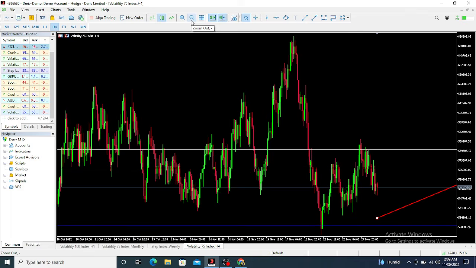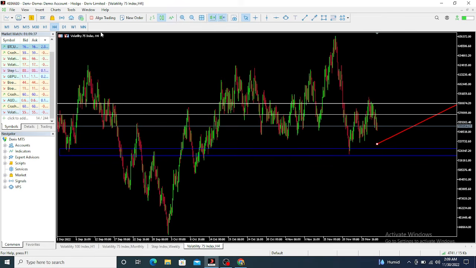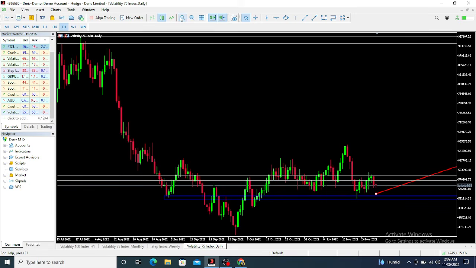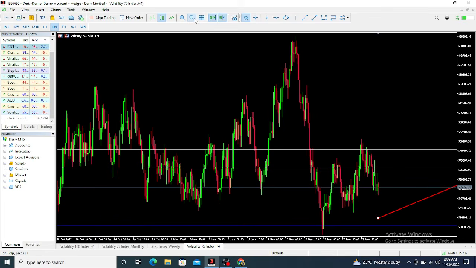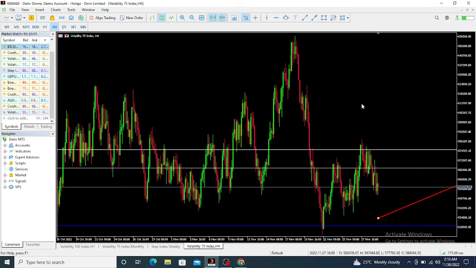Let's check out 4 hours. There's too much noise on 4 hour. That's why it's good to draw your key levels from a higher time frame, because higher time frame is going to compress all this noise into one. Like here in 4 hours, you can see the market is looking more like a range, not going up, not coming down, just going up and coming down.